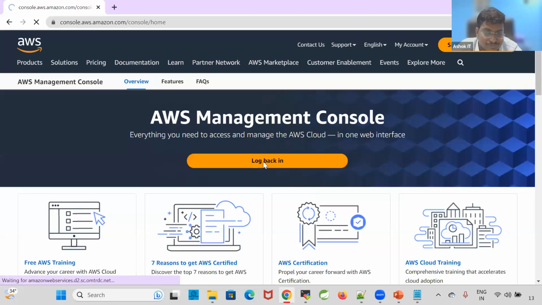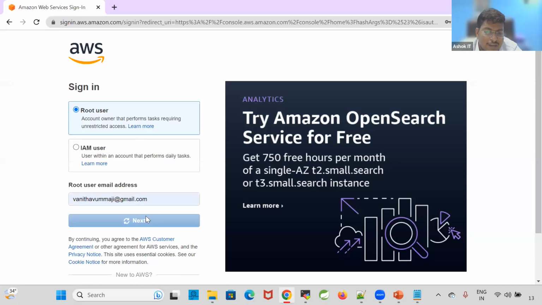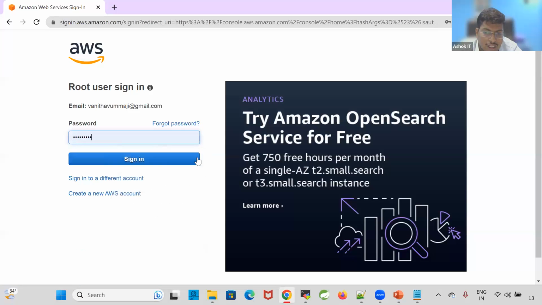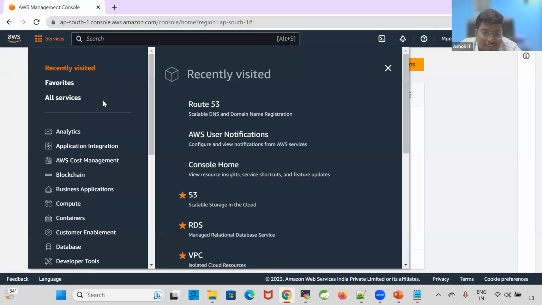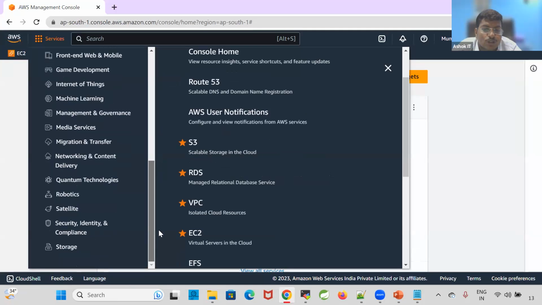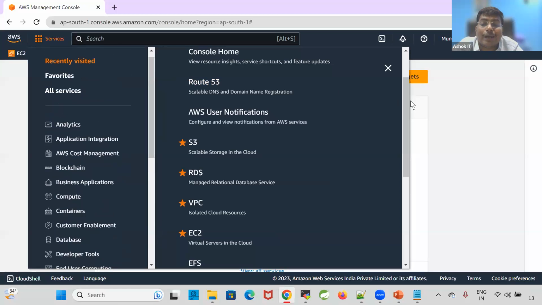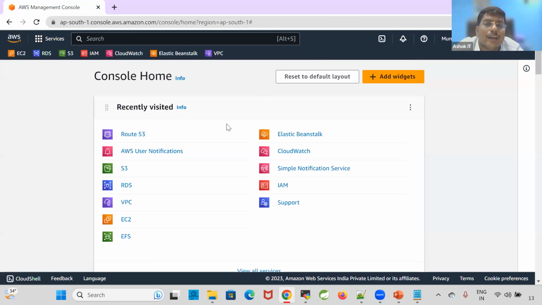Go to AWS. There you can log in to the AWS cloud account, and then you can see the dashboard. There are so many services available in the AWS cloud, 200 plus in total.